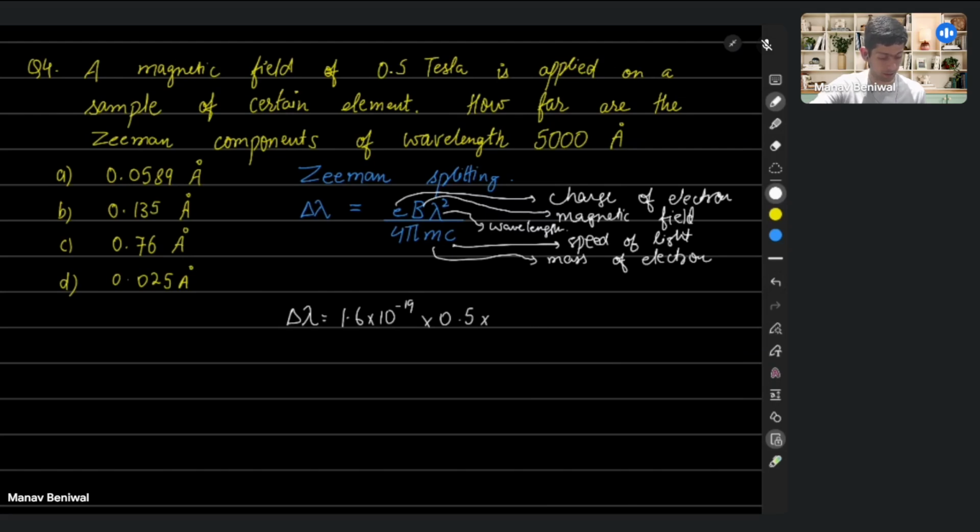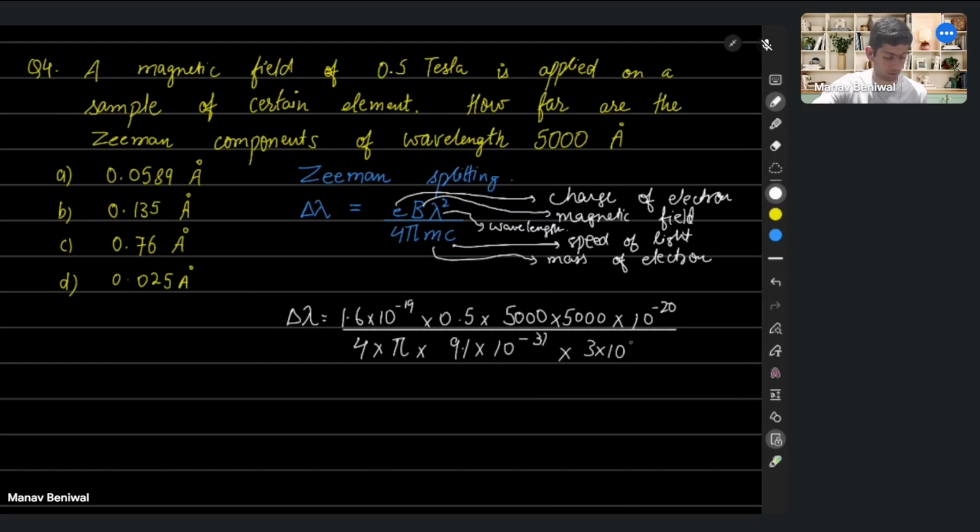And lambda is 5000 angstroms, so we square it, and the square of minus 10 is minus 20. Then you divide by 4, pi, 9.1, and this is 3 into 10 to the 8.